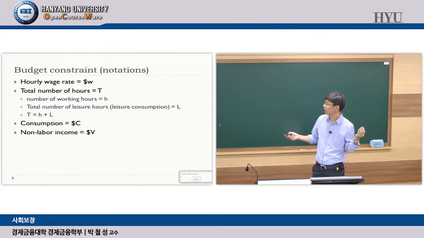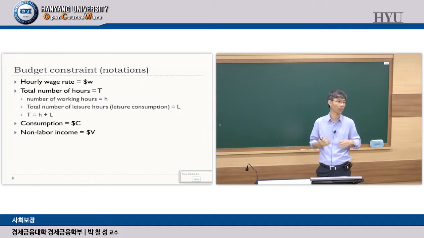And we have to assume that the total number of hours this person can spend on work and leisure is fixed. For example, we have only 24 hours a day, so each person has the same total number of hours.